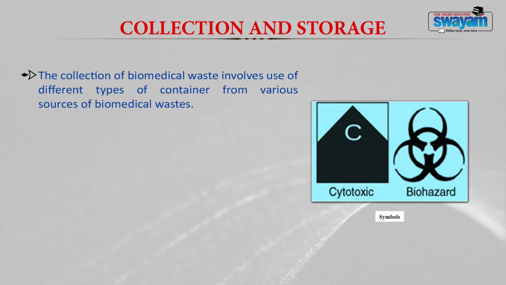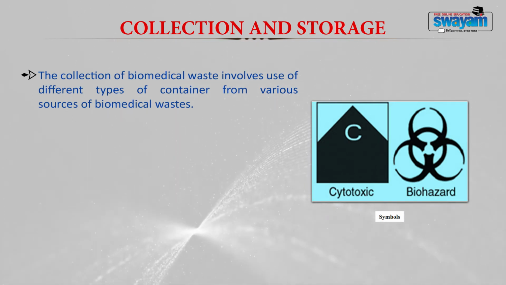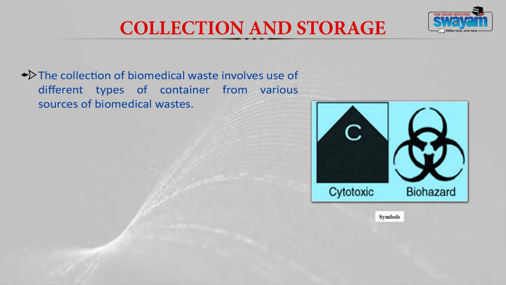Now, just like segregation, the next step in waste management is your collection and storage. This is again very important. Once the waste is segregated, it should be collected and stored. The collection of biomedical waste generally involves the use of different types of containers where the waste is stored.